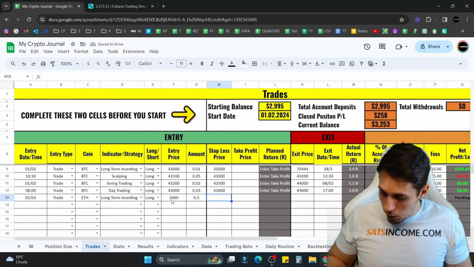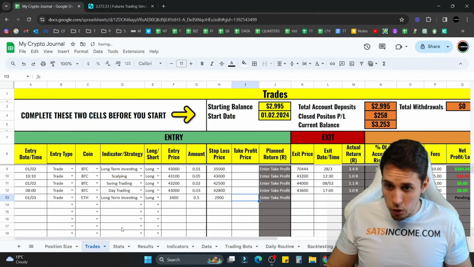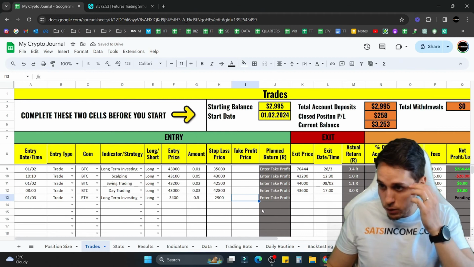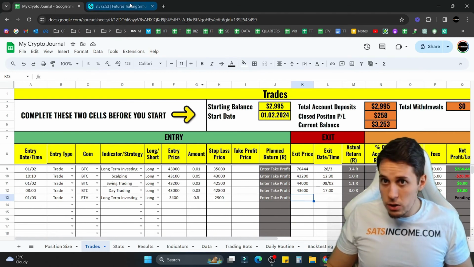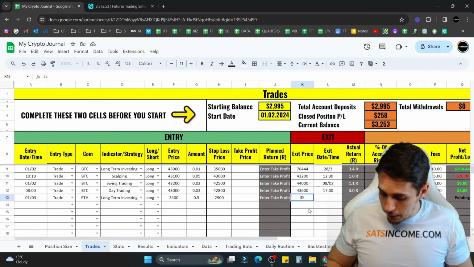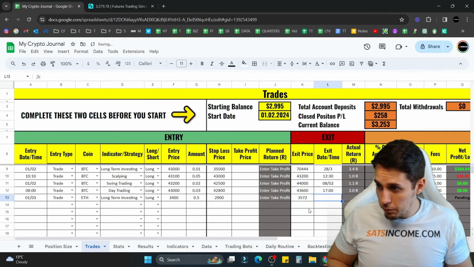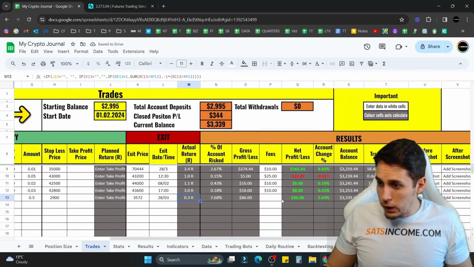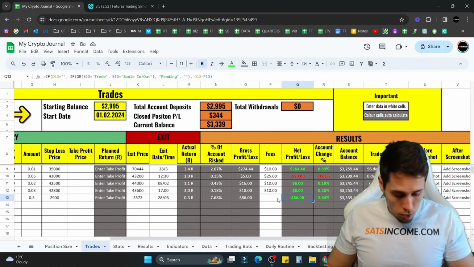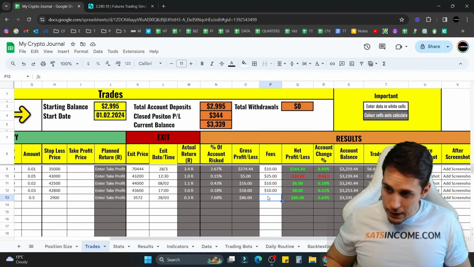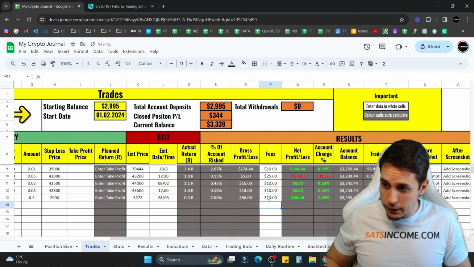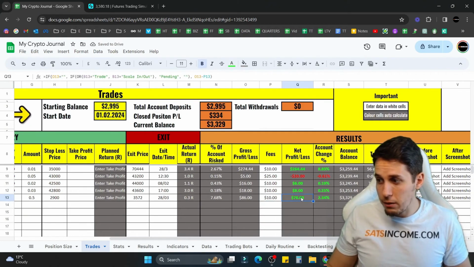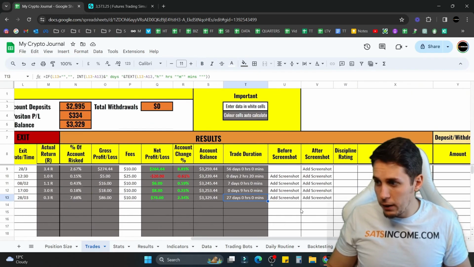Your stop loss was at $2,900 because again, on these long-term investments, we have wider stop loss. Then you exited the trade just today at $3,572. And today is March 28th. So on this investment, you made $86. If we add the fees, let's say that for this we paid again $10 in fees. Well, the net profit and loss is $76. We held this investment for 27 days. Again, you can add here all of your other things, rating, notes, etc.